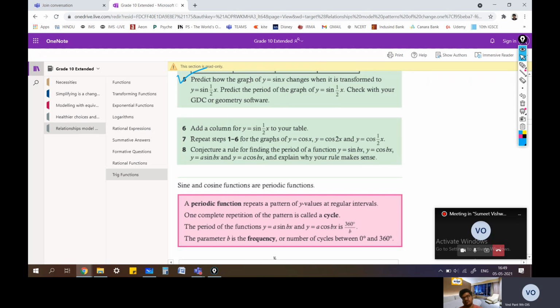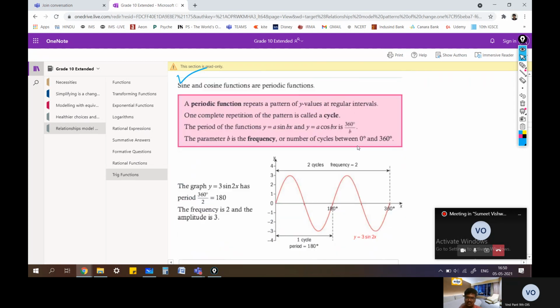So if it's 360, it'll become 720. It's the same thing, okay?